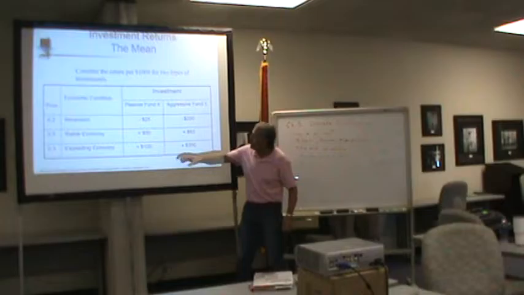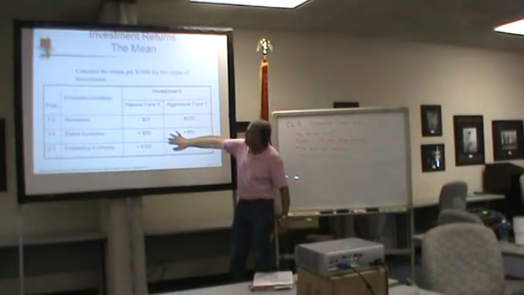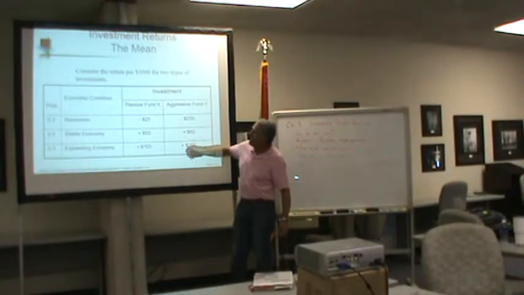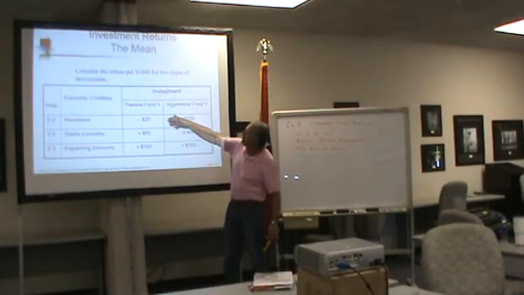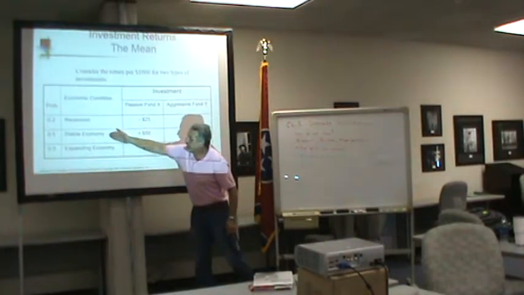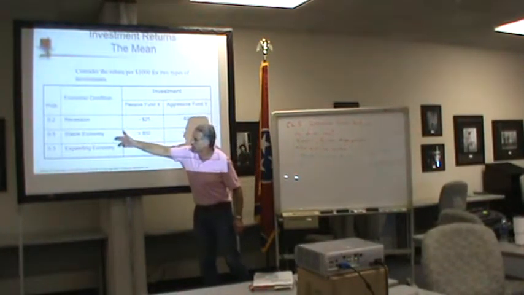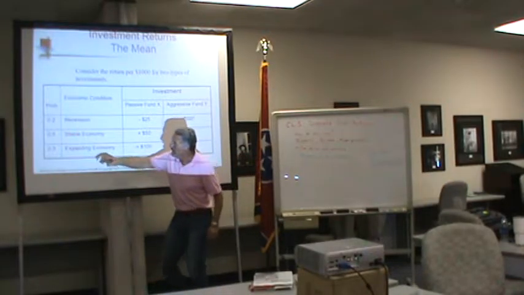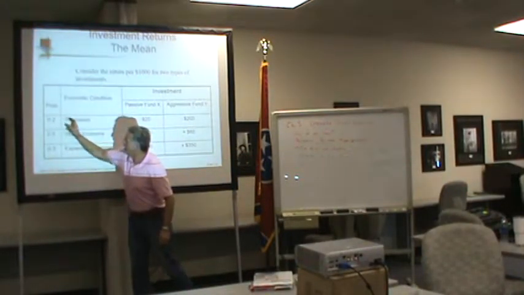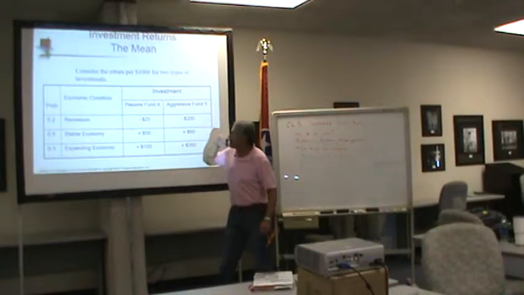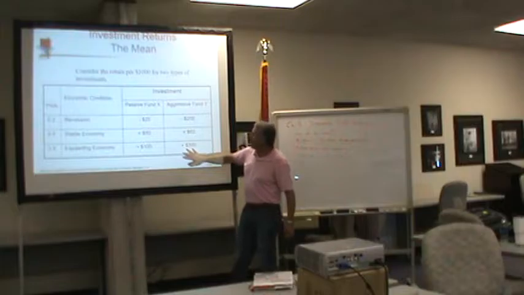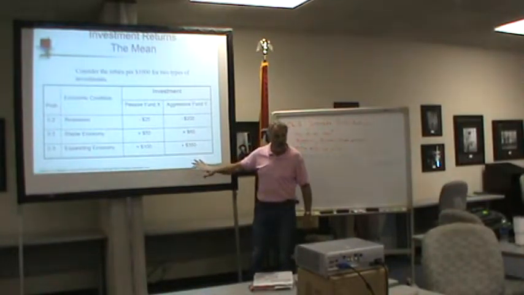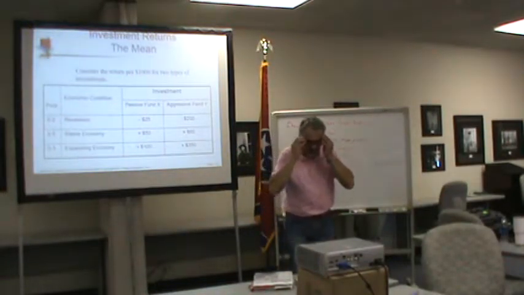So you've got a passive fund and an aggressive fund, and the probability that the return on a $1,000 investment looks like this during these discrete cases, whether it's a recession, a stable, or an expanding economy. These probabilities add up to 1. Here you lost, here you gained. You can tell by looking that they're going to have a positive relationship. They're going the same direction. So let's calculate this covariance and see.